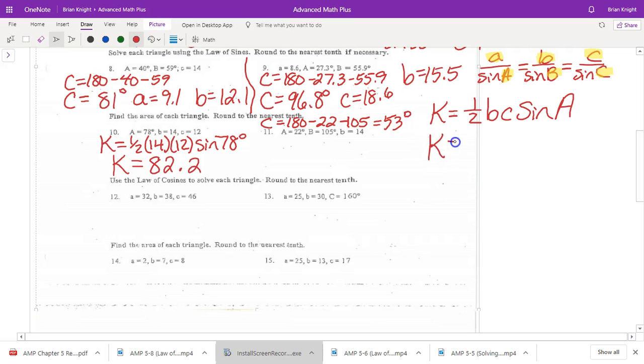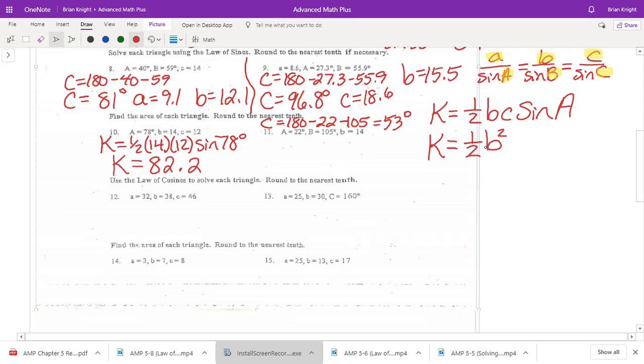What's the formula when they just give you one side and all the angles? 1/2. What do you do to the side? You square it. There's nothing to multiply it by, so you square it. In this case, what's the side they gave us? B. So 1/2 b squared. And then you do all three angles: sine, sine, and sine.